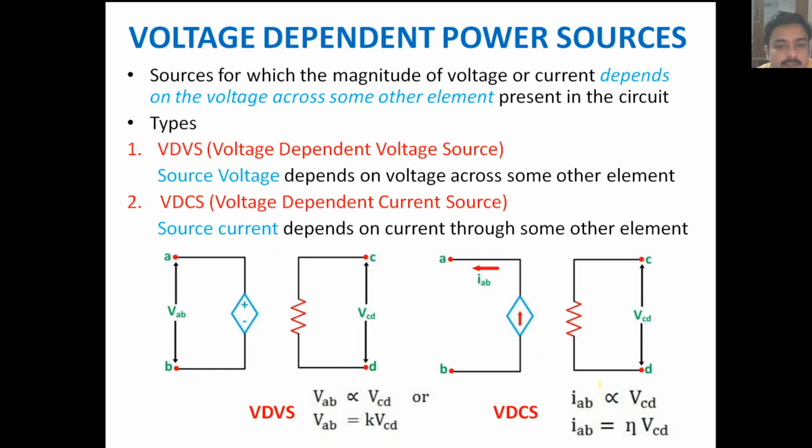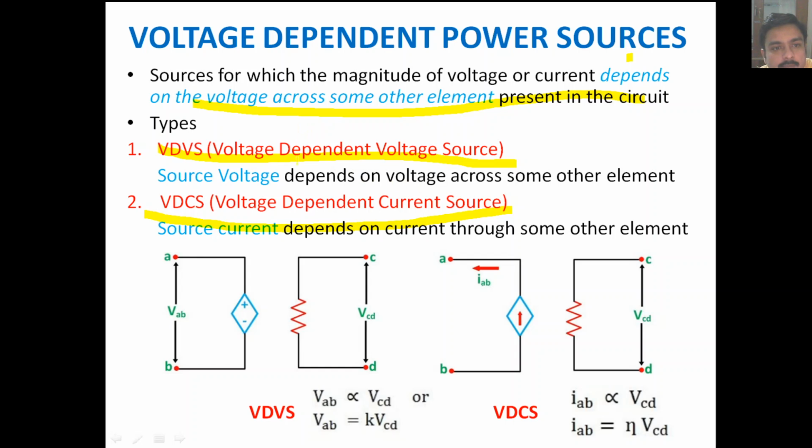So in this case, for the sources which are voltage dependent, the magnitude of voltage depends upon the voltage on some other element present in the circuit. Clearly, there are four categories: voltage dependent voltage source and voltage dependent current source.